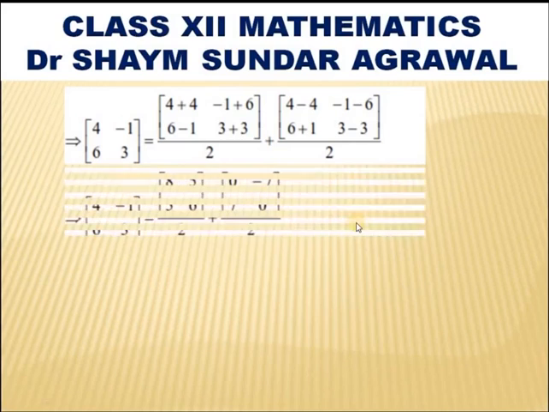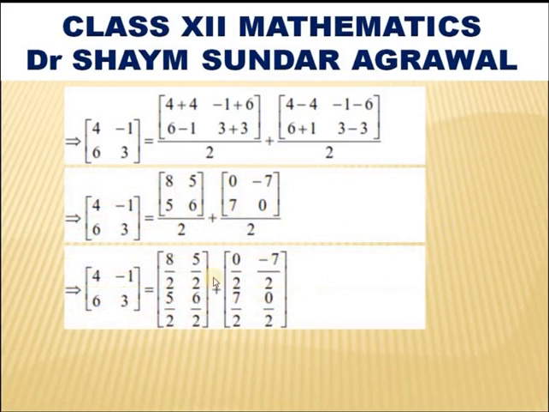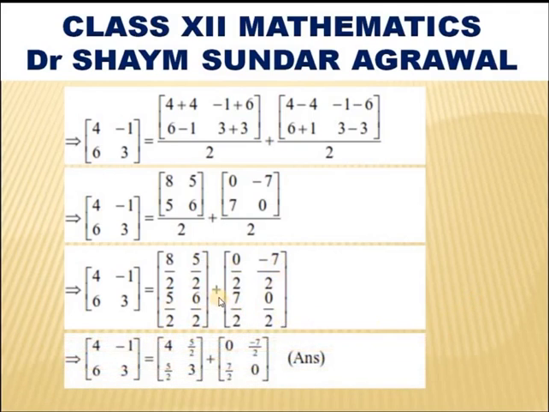So, that is [8, 5; 5, 6] by 2 plus [0, -7; 7, 0] by 2, that is 8 by 2, 5 by 2, 5 by 2, 6 by 2, 0 by 2, minus 7 by 2, 7 by 2, 0 by 2. Or we can write [4, -1; 6, 3] as [4, 5/2; 5/2, 3] plus [0, -7/2; 7/2, 0], where the first matrix is the symmetric matrix and the second matrix is the skew symmetric matrix.